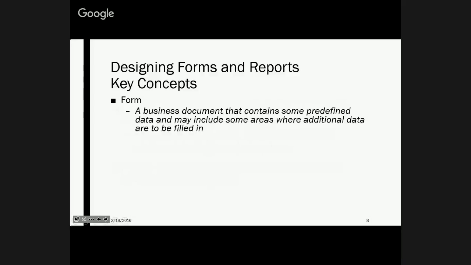All right, so form, we're going to give it a formal definition. A form is a business document that contains some predefined data and may include some areas where additional data are to be filled in. Now again, the book is looking at these all from a business standpoint, but any website or anything that has some data entry falls under this form umbrella.